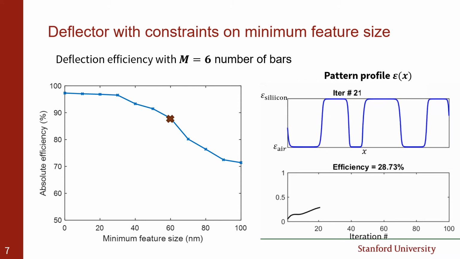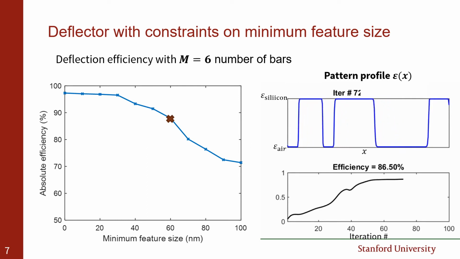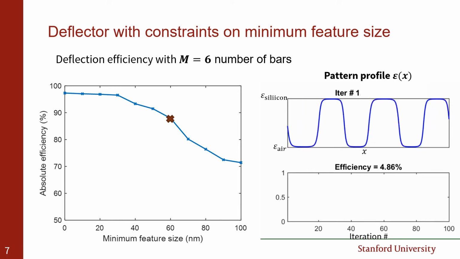During each iteration, instead of changing the pattern at pixel scale, the pattern changes according to variation in the width of the bars, where the width parameters strictly follow the minimum feature constraint through the whole course of optimization. Also, in order for the gradient to be able to backpropagate, we relax the pattern into grayscale at the very beginning and gradually binarize it.